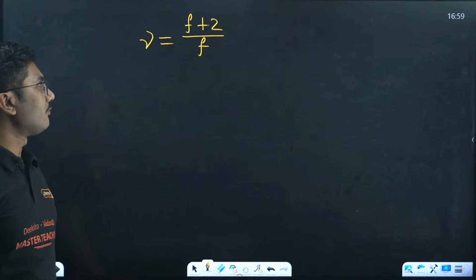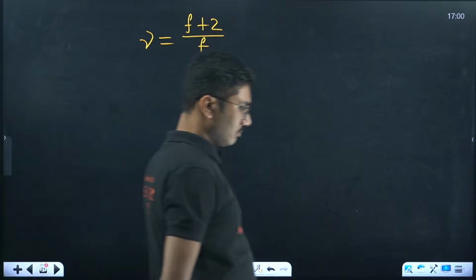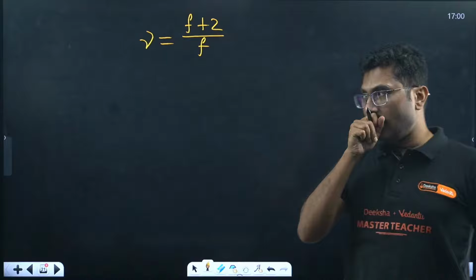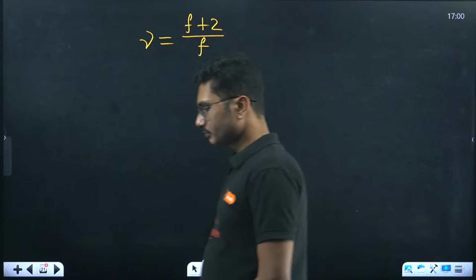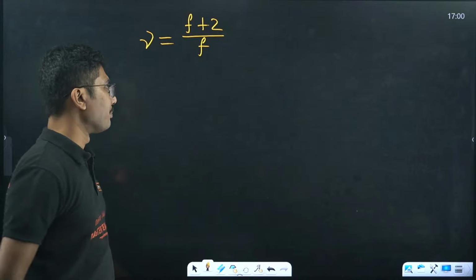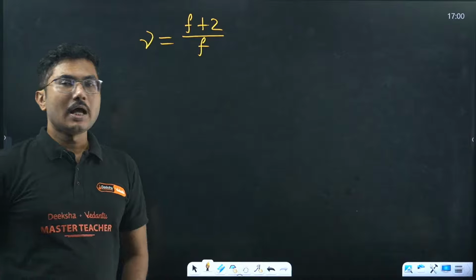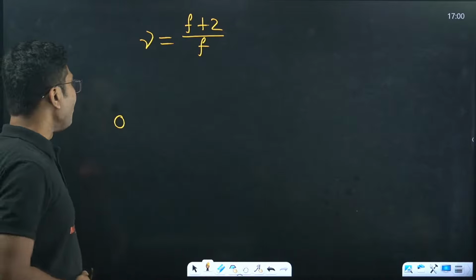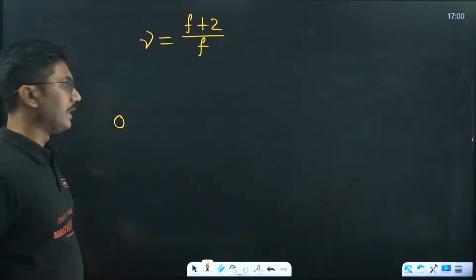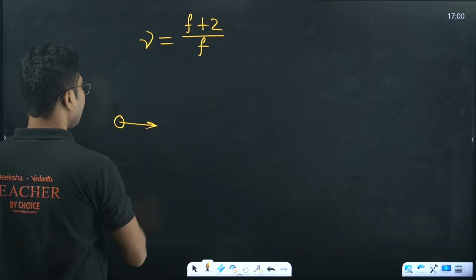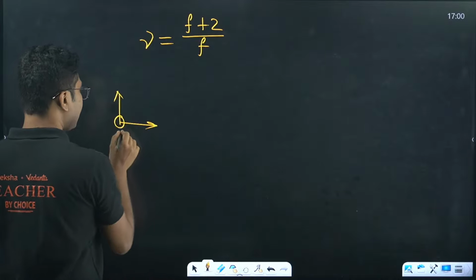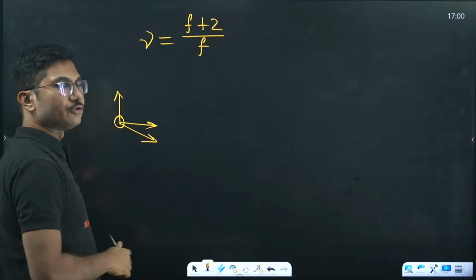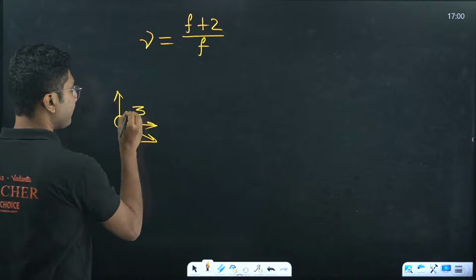This is the formula for the ratio of specific heats. Now what are degrees of freedom? Suppose we have a particle, in how many directions can it move freely? It can move along the x direction, y direction, and z direction. So its degrees of freedom is 3.